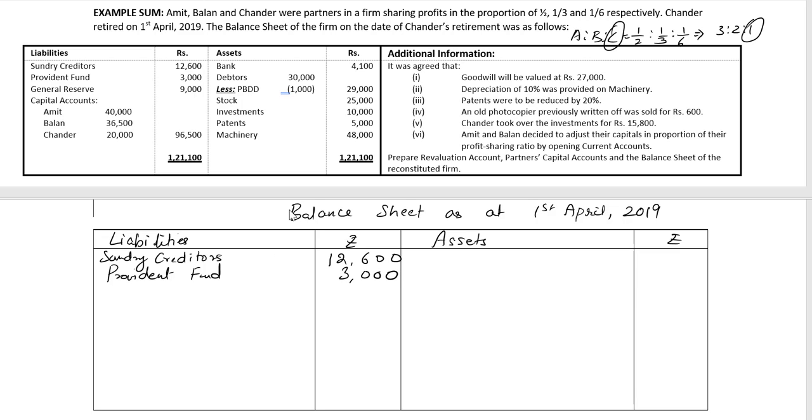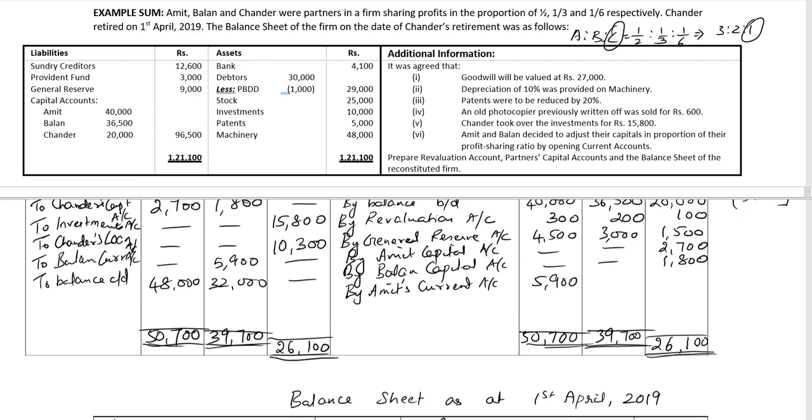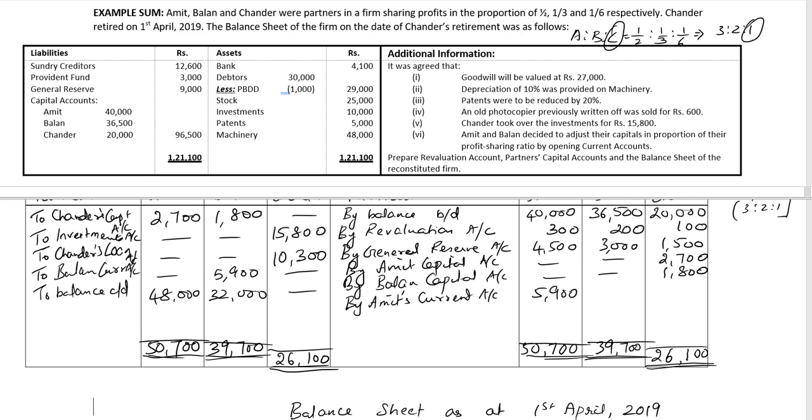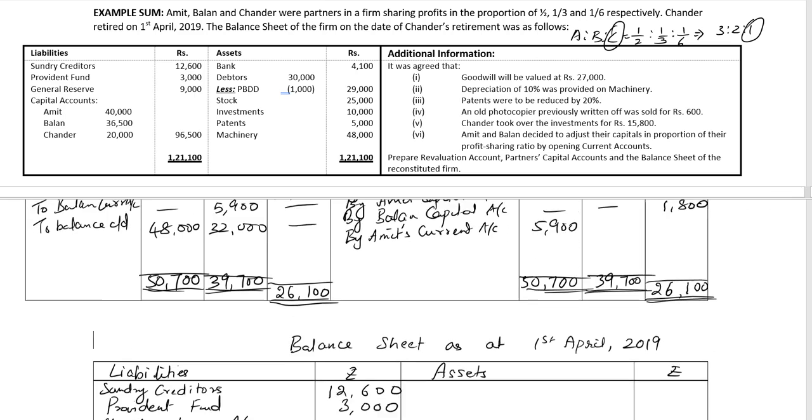The general reserve has been distributed. We'll write the loan amount of the retiring partner Chandar. Chandar's loan account. As per the partner's capital account, Chandar's loan account was 10,300 rupees.